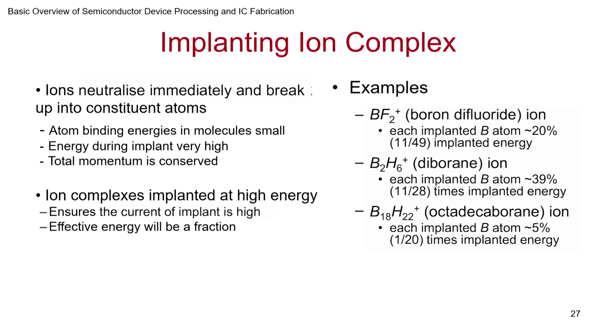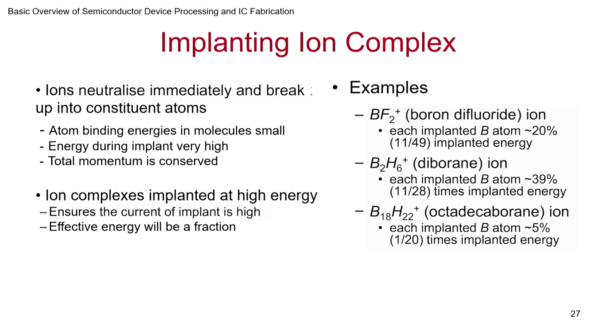Instead of implanting boron, atomic mass 11, if I use BF2, fluorine is 19 and boron is 11, so the combination should be 49 atomic mass units. But as soon as it strikes, only boron has a mass of 11. So the kinetic energy corresponding to that is 11 by 49, of mv squared, since the velocity of all is the same.